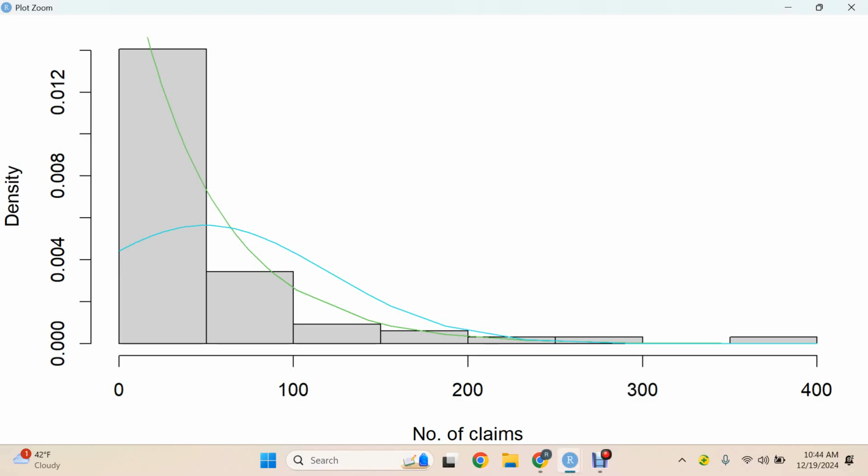So, what is the proportion of claims over 300? We check over 300, then divide over the entire total. Yeah, that's it. Is that all right?